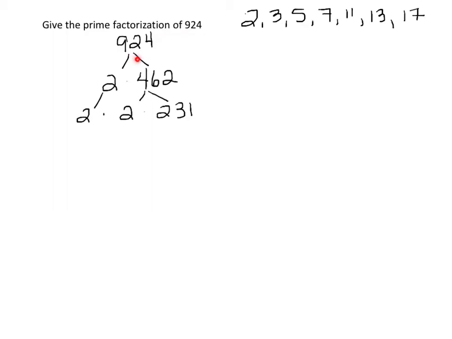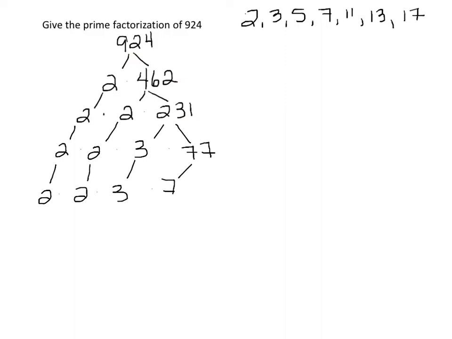Since 2 plus 3 plus 1 is 6, I can divide this by 3. And when I do, this 2 stays the same, that 2 stays the same. This becomes 3 times 77. And then I know that 77 is 7 times 11. I strongly recommend that when you're doing prime factorization, you organize the factors from smallest to largest so that you can see what's happening.